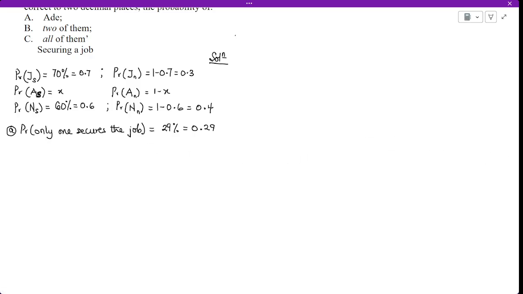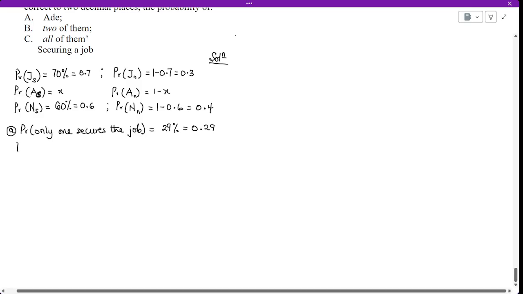We can have the probability that John will secure the job, but then Ade will not secure the job, and Ngozi will also not secure the job. This is the first possibility.